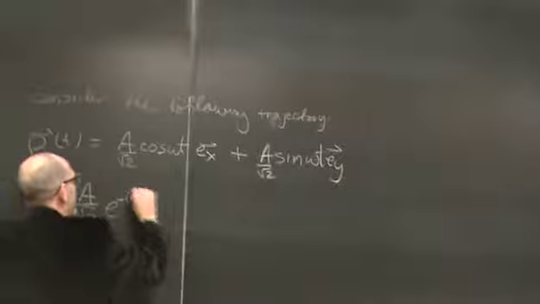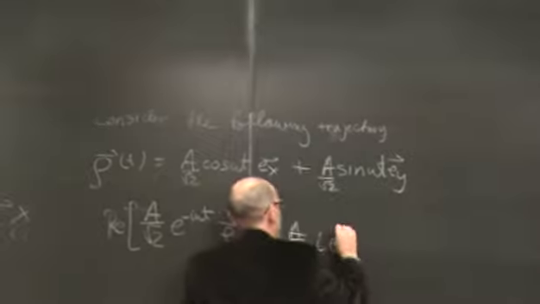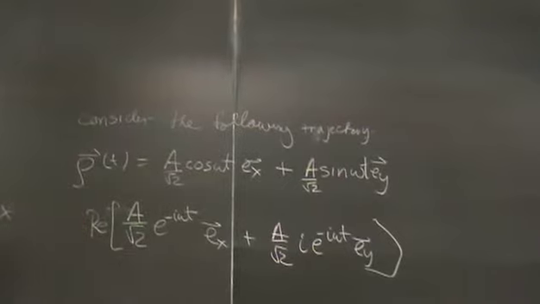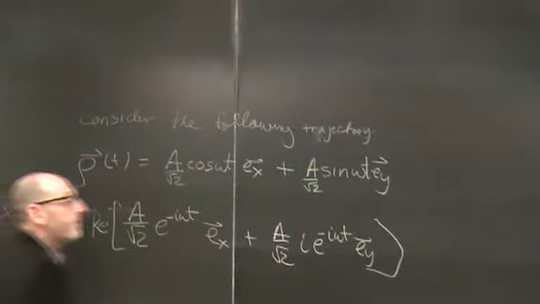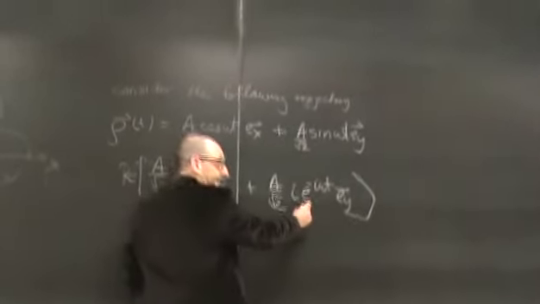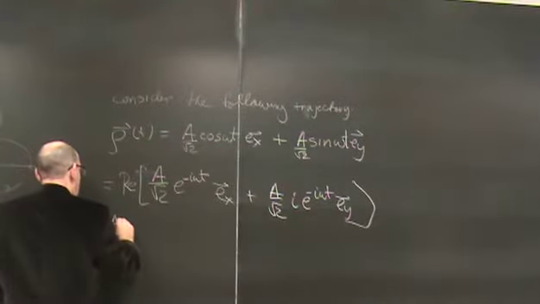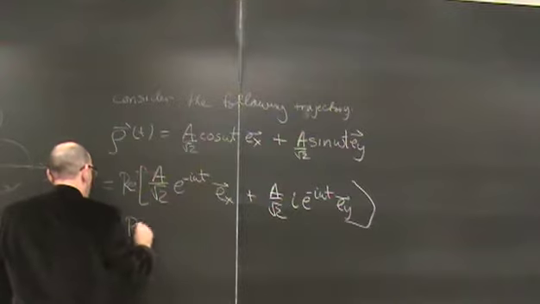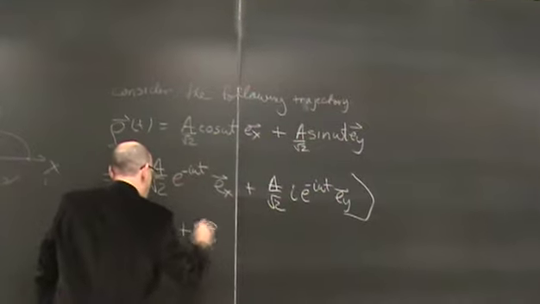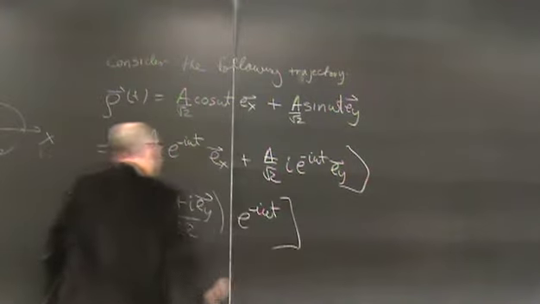So that's e to the minus i omega t x plus a, and then i e to the minus i omega t y. So that's cosine, and that's sine, right? So this is equal to a times the real part of x plus iy over root 2 e to the minus i omega t.